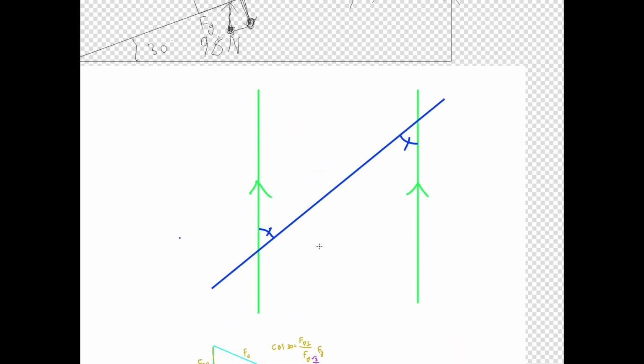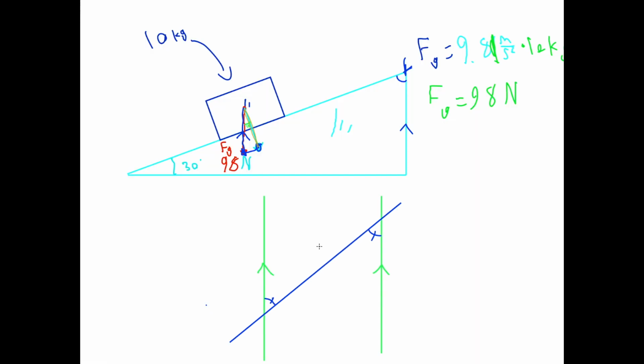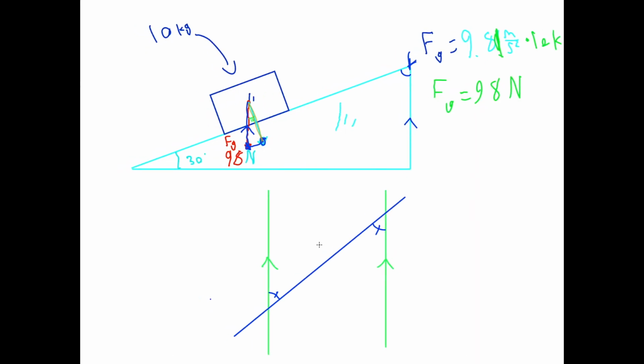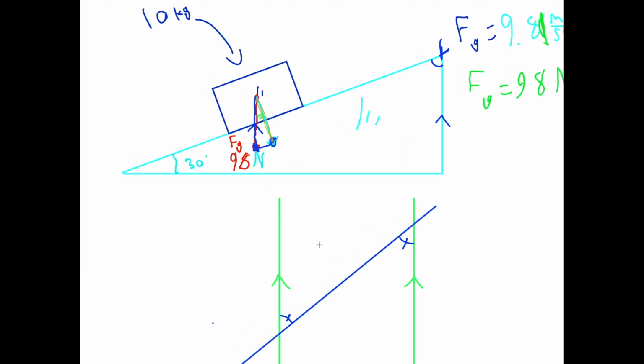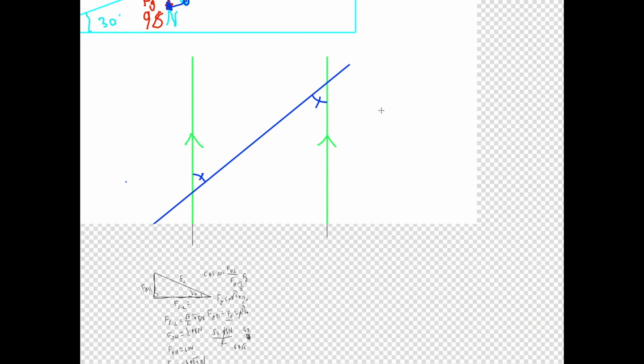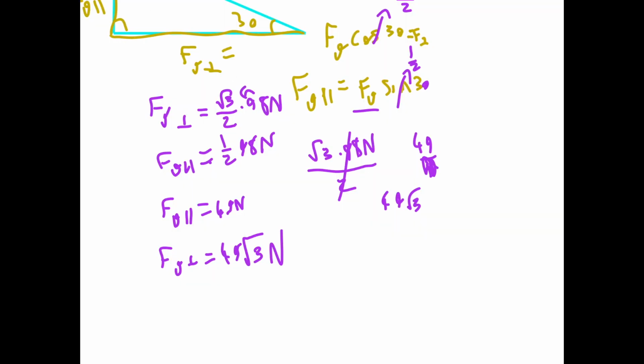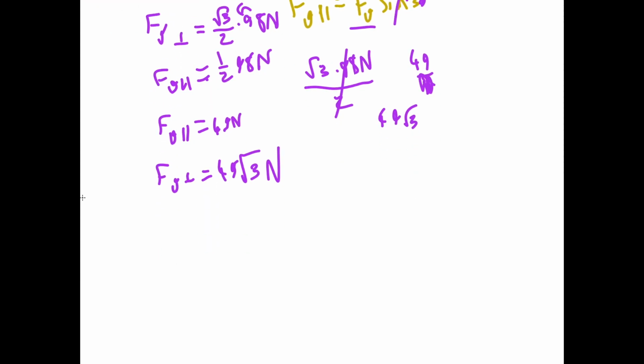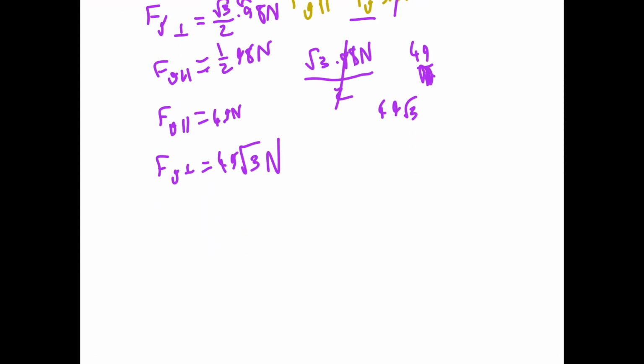Now, what was our original question? Well, our original question was, what is the acceleration of this block? Well, we can figure that really quickly right now. Let's just zoom in again. It's really easy.